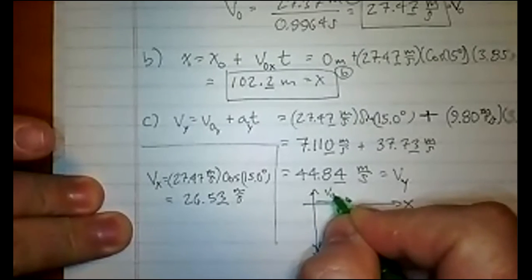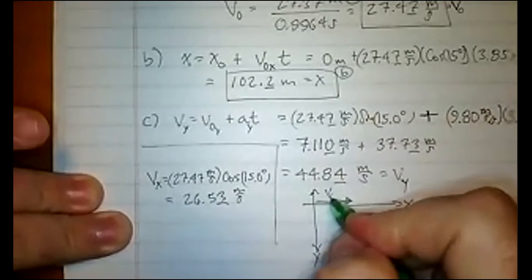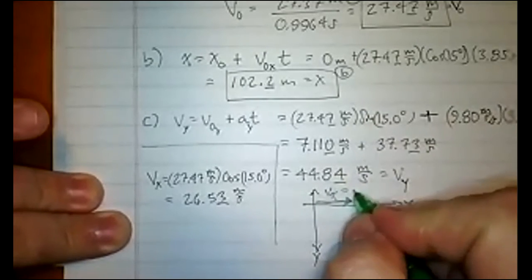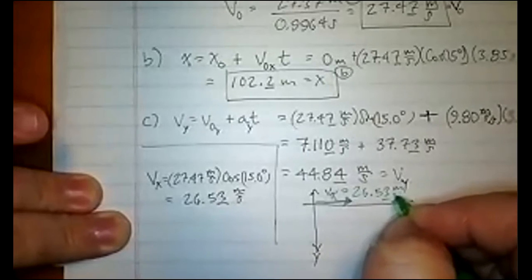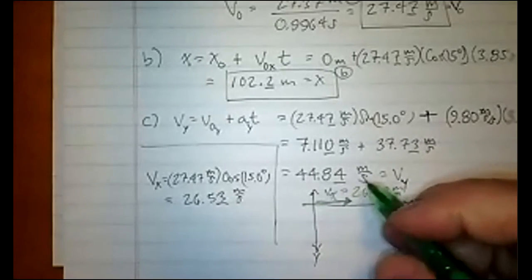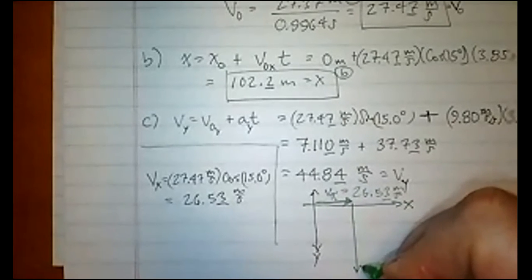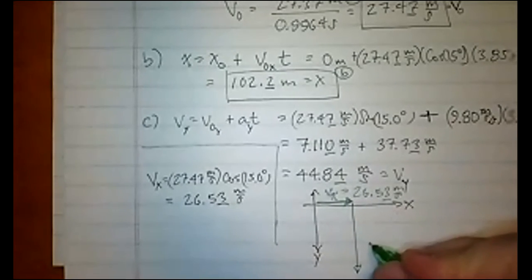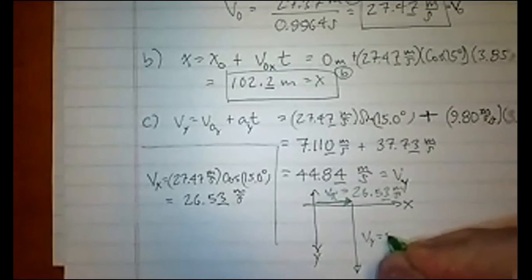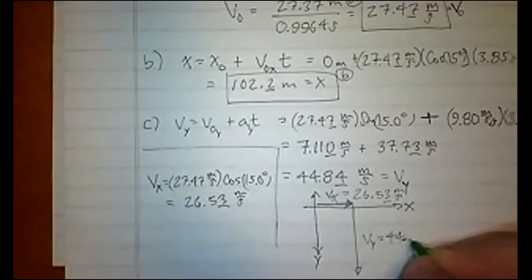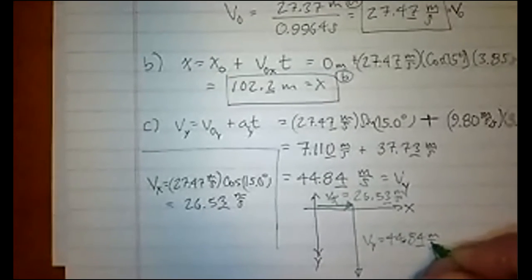And that's just Vx, which is equal to 26.53 meters per second. And then at the tail of that, I add the head of something that's nearly twice as long. Actually, I might have exaggerated a little bit. This is Vy, which equals 44.84 meters per second. So I now have two components.